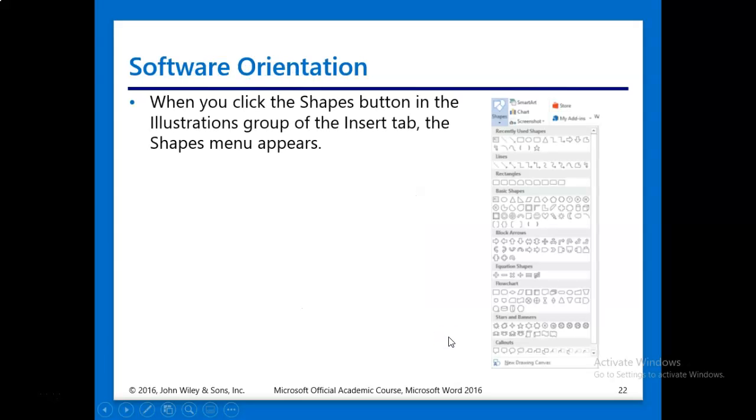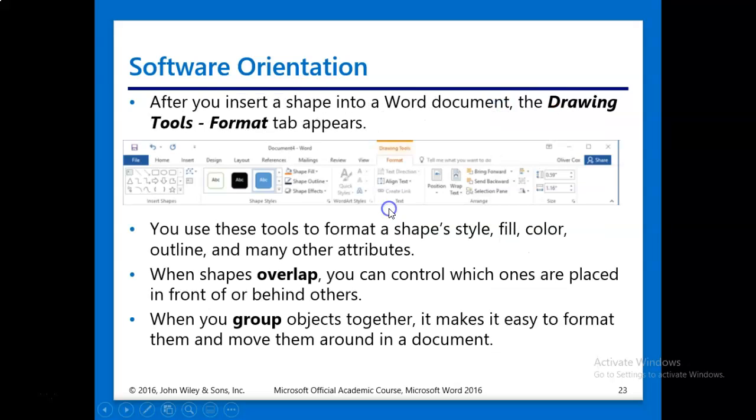Software orientation. When you click the Shapes button in the Illustrations group of the Insert tab, the Shapes menu appears, and here's the menu. You have lines, rectangles, basic shapes, block arrows, equation shapes, flowchart, callouts, and more. After you insert a shape into a Word document, the Drawing Tools Format tab appears.